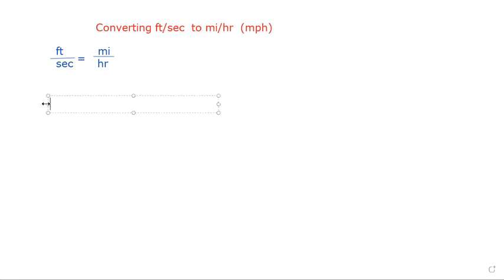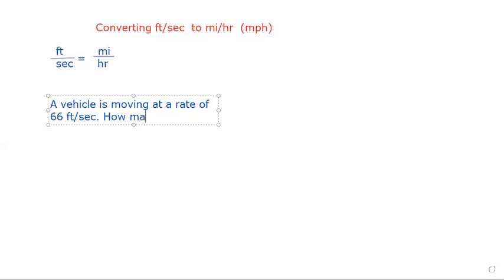So first, we're going to have a question. Let's say a vehicle is moving at a rate of 66 feet per second. You will say, how fast is this in miles per hour?